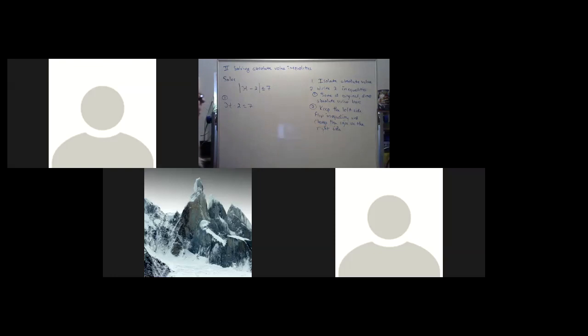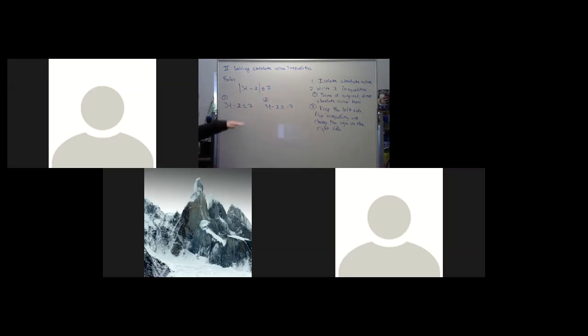So for our second inequality, we keep the 3t minus 2. Instead of a less than, we make it a greater than or equal to. And instead of a positive 7, we make it a negative 7.